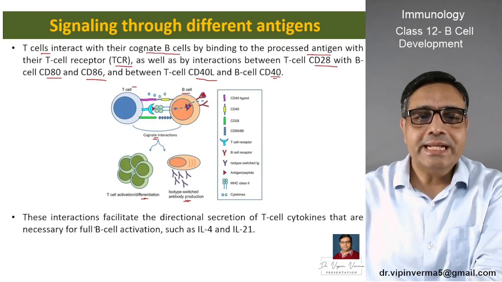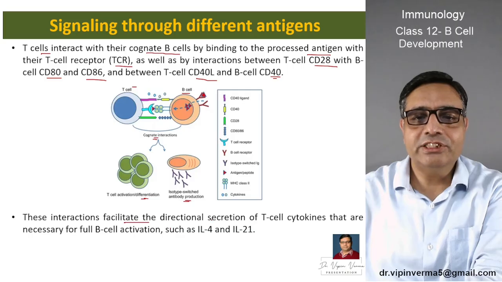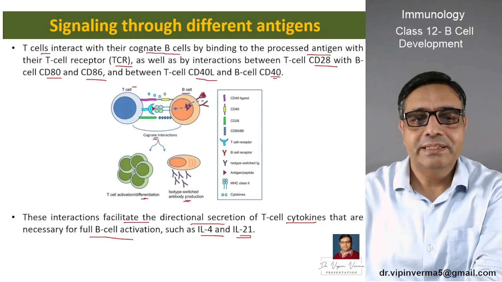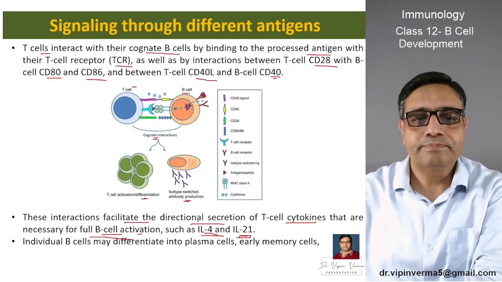Now these interactions facilitate the directional secretion of T cell cytokines that are necessary for full B cell activation, such as IL-4 and IL-21, which are secreted by the T cells here.